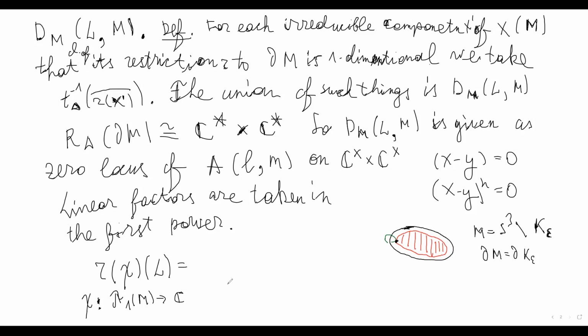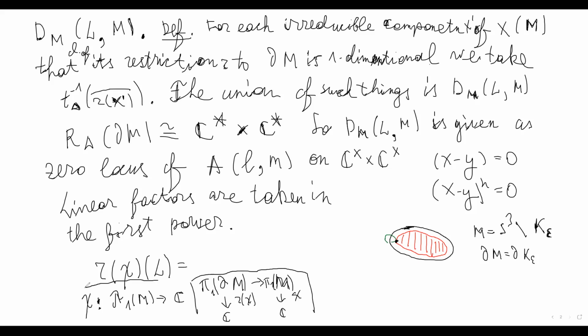we have an inclusion of the boundary into M, and we have a mapping of fundamental groups. Here we had a chi, here we have R chi, because when you have functions, they map in the opposite direction.